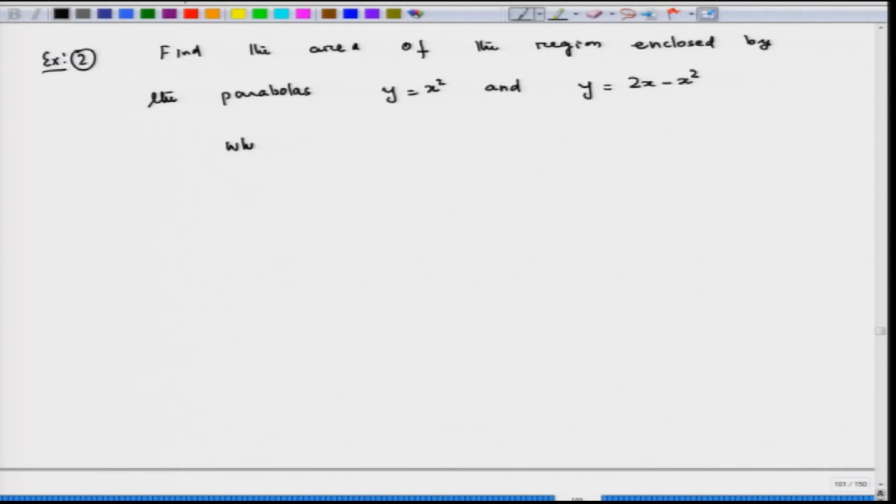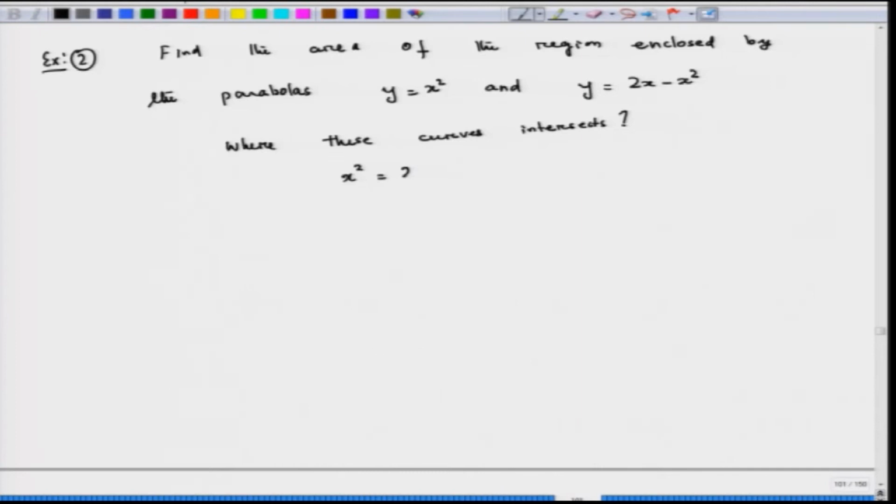Let us first find where these curves intersect. Wherever they intersect, the point is going to be on the parabola y equal to x square, and also on the parabola y equal to 2x minus x square.